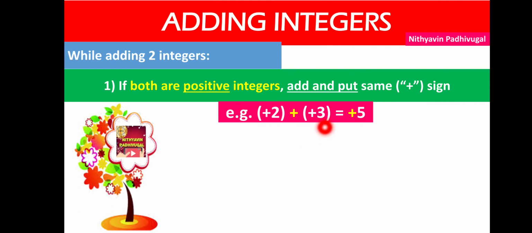In both the cases, you are getting only. So, the final answer will have the getting symbol plus. How many did you get? 2 and 3. So, totally 5. 2 plus 3, 5. Right. This is the basic concept for positive integers.